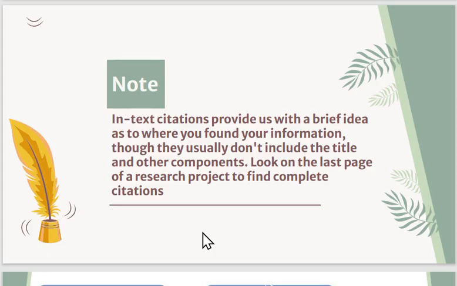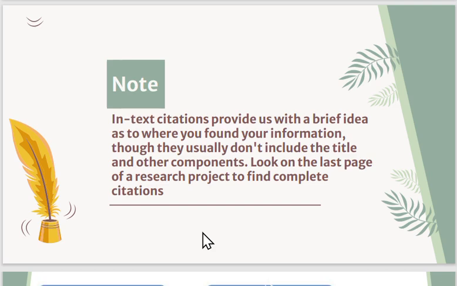But if you want to know more information about the source, you can go directly to the references page, because usually on the references page we mention the resources in detail: the author's name, the title of the research or the book, the year, the publisher name, so all the information about the research paper.